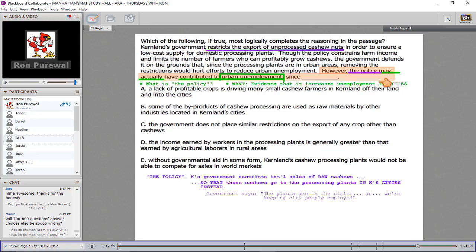You need to show that this might actually increase unemployment in the cities. Standard. You need a reason why this might cause more unemployment in the cities.